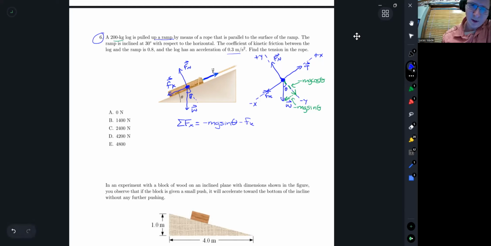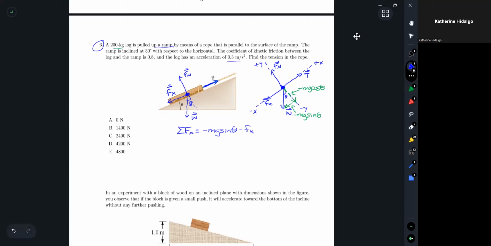Okay, and then maybe someone else, what other forces act along the x-axis? Tension. Okay, and should it be a plus or a minus? Plus, because it's pointing towards a positive direction.